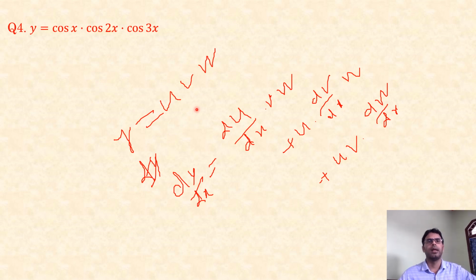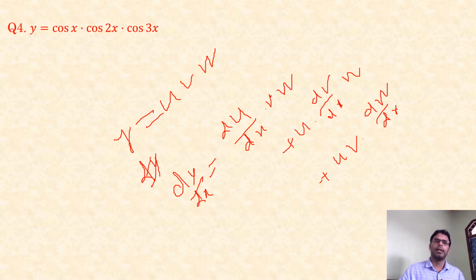But if we use this process, it is somewhat lengthy. So in this case also we take logarithm before differentiation. No doubt you can solve this same problem with the help of this process.